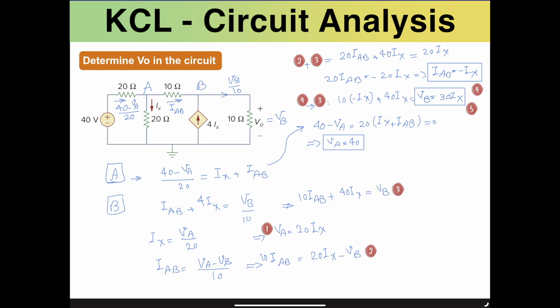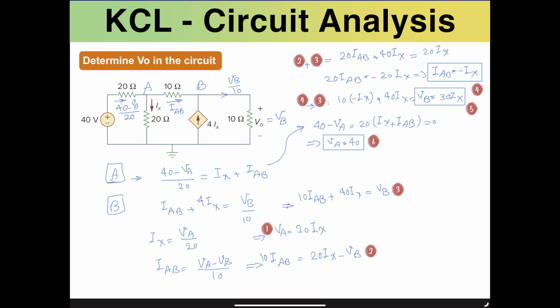So that is one of the node voltages that we found. Now that we found VA to be 40, we can easily find Ix with respect to this expression. Let's call this equation number 6 that we have arrived at.